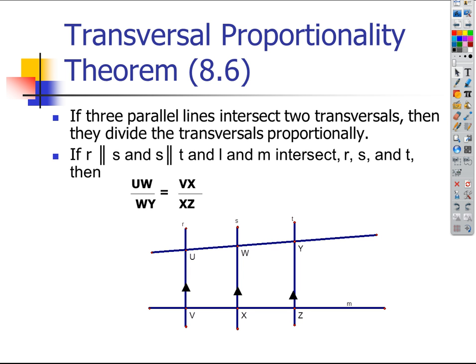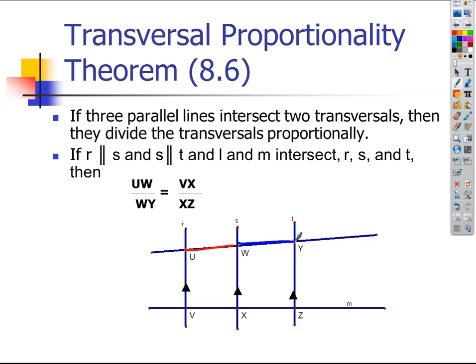So that's where we are with this one. If we've got 3 parallel lines that are cut by 2 transversals, then we know that the 3 parallel lines are going to slice up those 2 transversals proportionally, right? So we get the same kind of a deal going on. We know that the ratio of UW over WY, right?